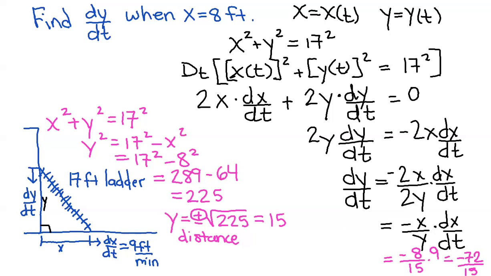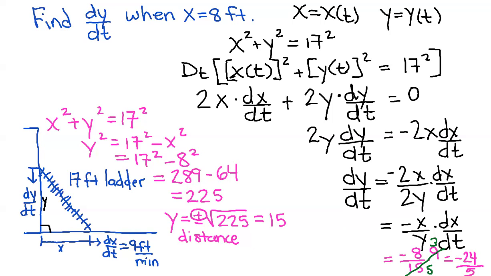This does reduce by 3's, right? So let's actually step back and reduce it because I'm out of space. If we reduce by 3, we have a 5 in the denominator and a 24 in the numerator. That then leads me to negative 24 fifths.